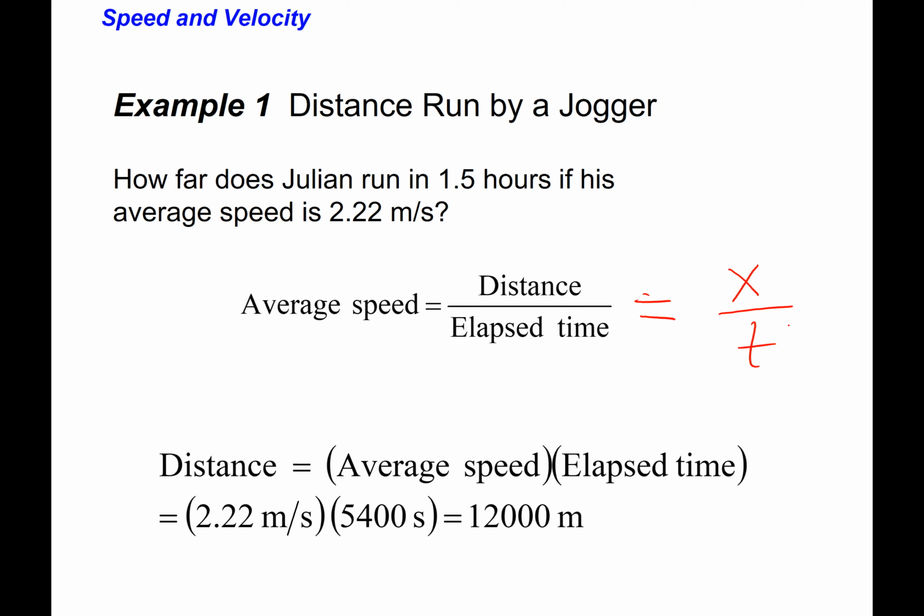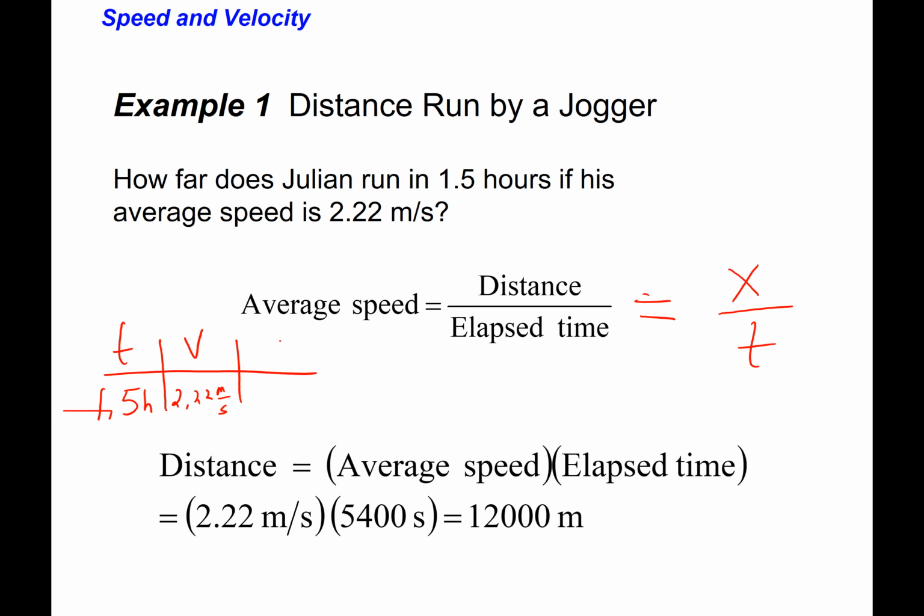So what I'd like for you to do is always draw a chart to write down what is given in the equation. So we're given 1.5 hours. That is my time. My average speed is given as 2.22 meters per second.